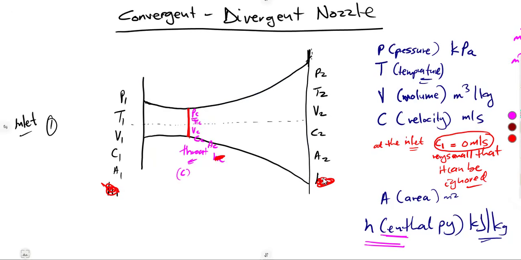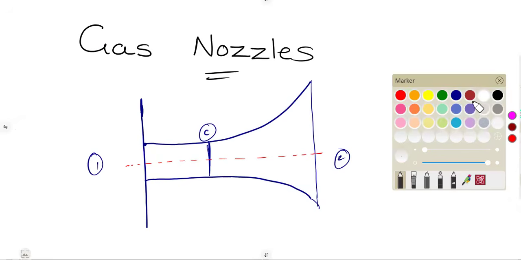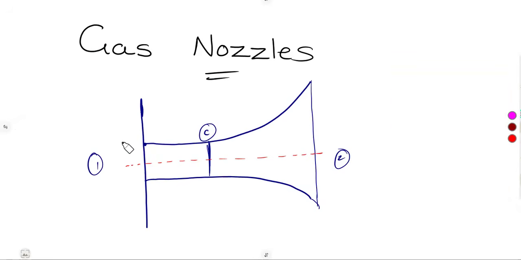We're just going to have the rest of those values, meaning to say they are going to remain as they are: the pressure, the temperature, the volume, the velocity, and the area. So the same here at the critical values at the throat: PC, TC, VC, CC, and AC.